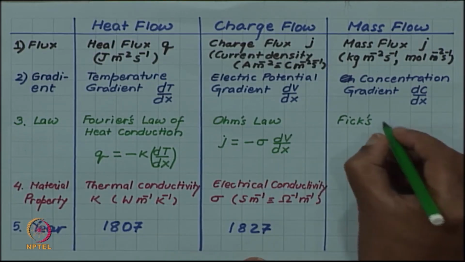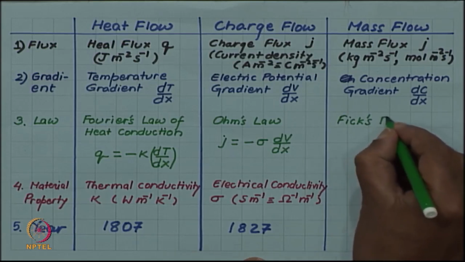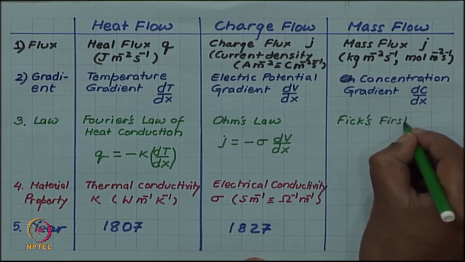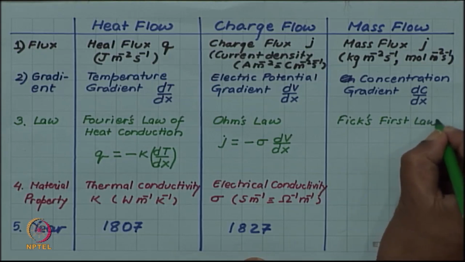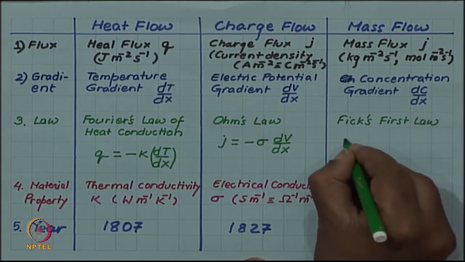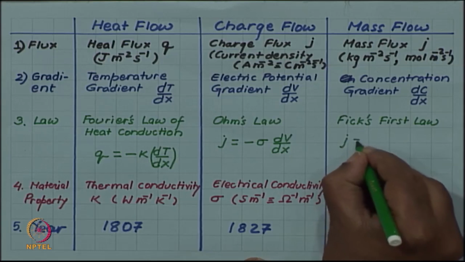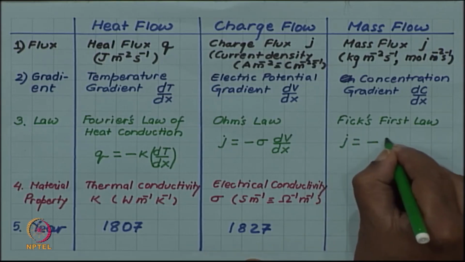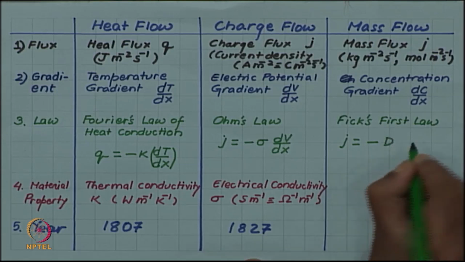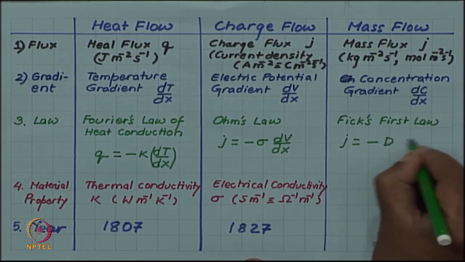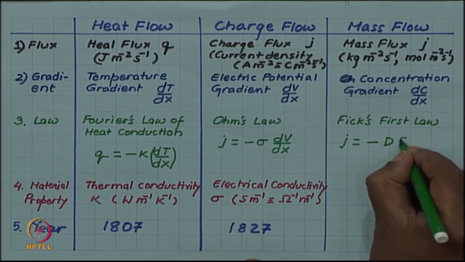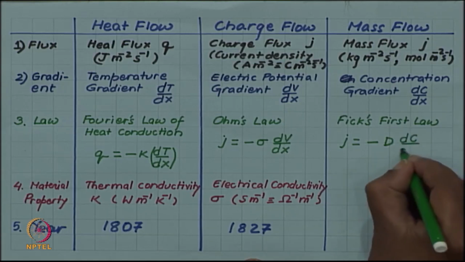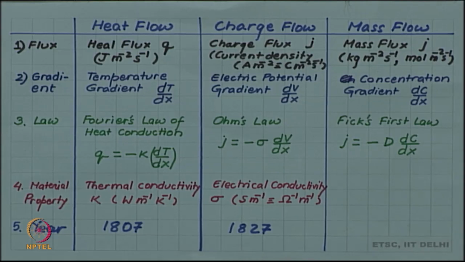Just by analogy he could write Fick's first law, that the mass flux should be proportional to the concentration gradient. The proportionality constant he called D. So, D dC by dx.